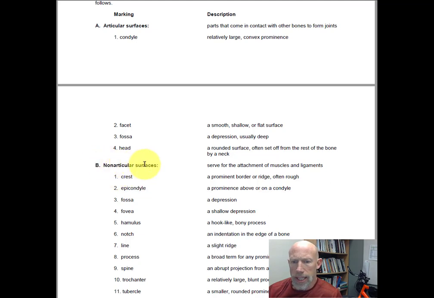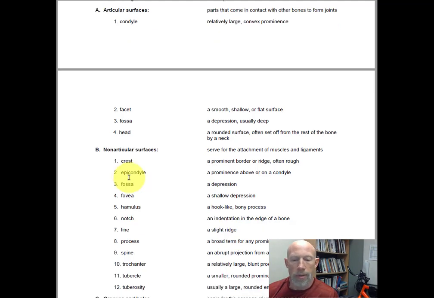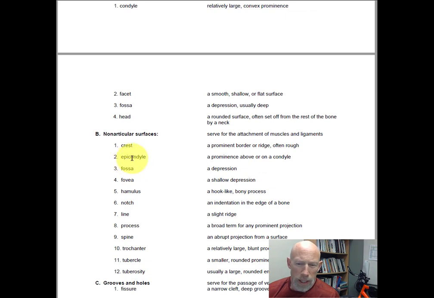Moving into the next section, the non-articular surfaces. This is where typically there are attachment sites for the muscles and ligaments. They'll typically be rougher, bumpier projections of some sort throughout the different bones. There are a number of terms here that you'll need to know, but a lot of them are pretty descriptive.